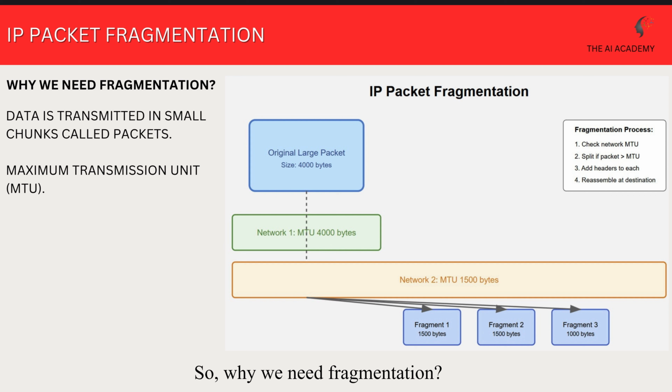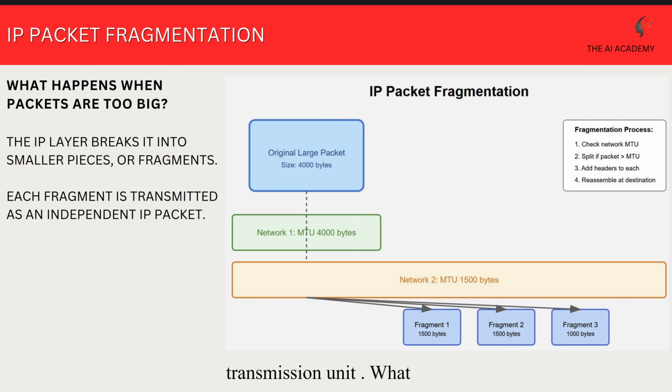So, why do we need fragmentation? In computer networks, data is transmitted in small chunks called packets. However, different networks have limits on the size of packets they can handle. This limit is called the maximum transmission unit (MTU). What happens when packets are too big?